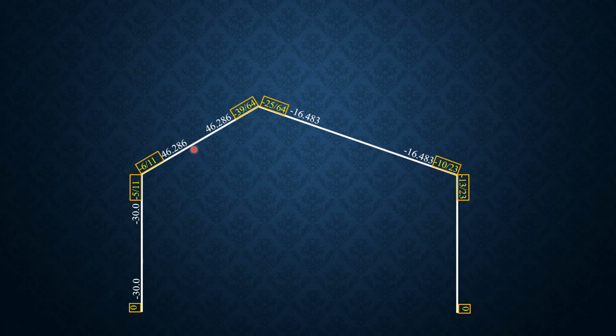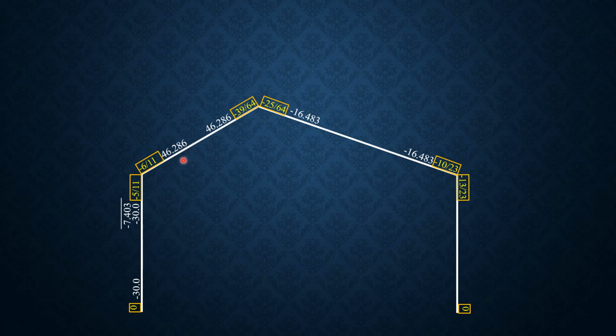So let's move to this joint B. So quantity 46.286 minus 30 times negative 6 over 11, negative 5 over 11 for this member, for this side. So negative 7.403 lakh.